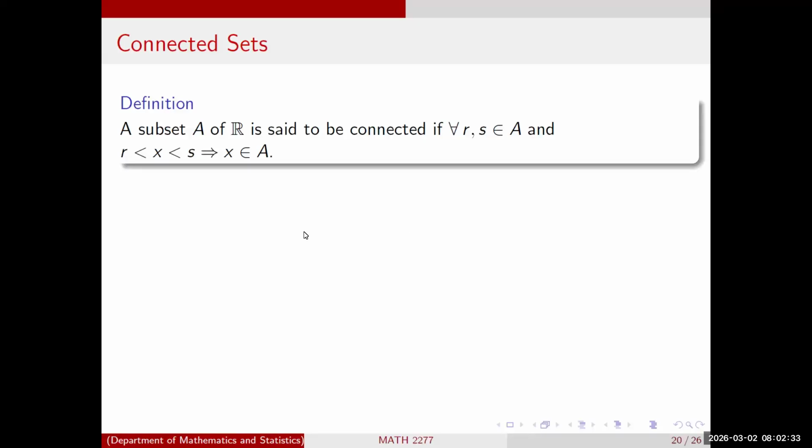Okay, so this morning we'll be looking at the final topic in this chapter, which is connected sets and compact sets.